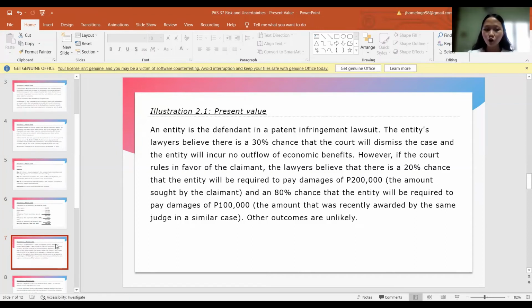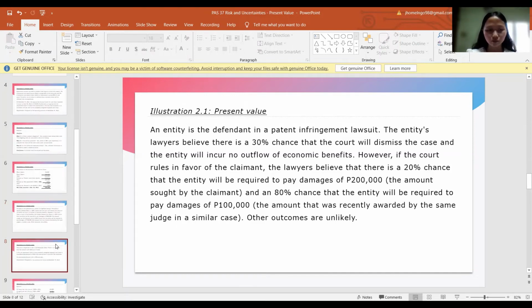However, if the court rules in favor of the claimant, the lawyers believe that there is a 20% chance that the entity will be required to pay damages of 200,000 pesos or the amount sought by the claimant, and an 80% chance that the entity will be required to pay damages of 100,000 pesos or the amount that was recently awarded by the same judge in a similar case. Other outcomes are unlikely.